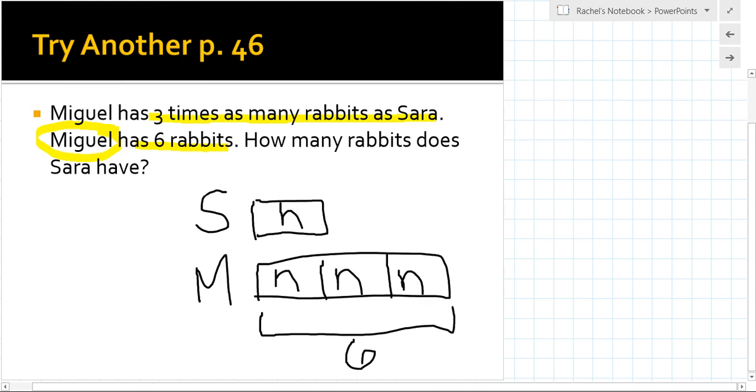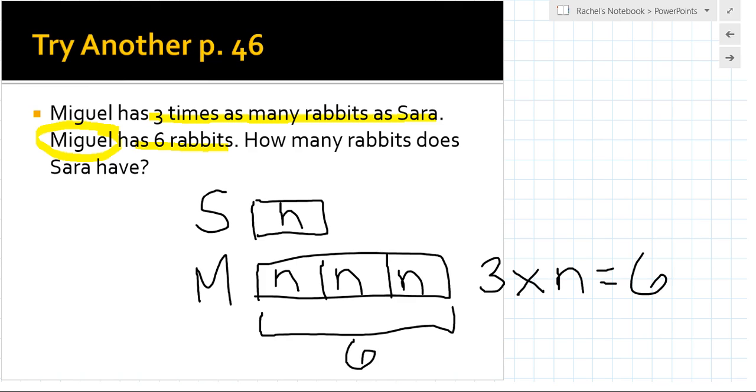So the equation looks a little bit different for this one. In this case, we're looking for the n, the unknown. In Miguel's example, we have 3 n's. So we can say 3 times n, or the unknown, is 6. Students will think in their head, 3 times what is 6? 3 times 2 equals 6.